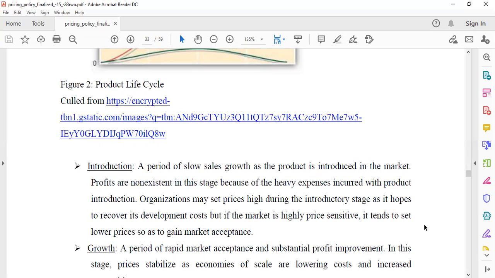For instance, most luxury goods are introduced with high prices because the intent is to maintain a prestige, to create an impression of high quality and high performance.